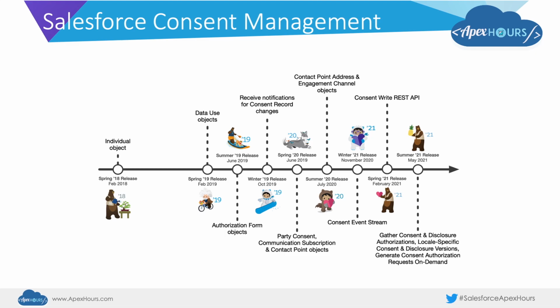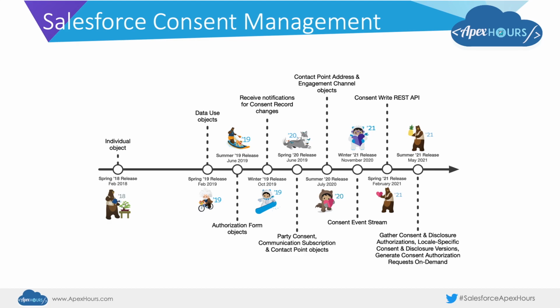Now, Salesforce has been thinking about consent management for some time. Over the past few years, Salesforce has quietly phased in new storage objects that have come together to form a comprehensive canonical data model that manages all aspects of an individual's consent. Back in the Spring 18 release, we first saw the introduction of the individual object, which has since been complemented with several other consent-related objects from the Spring 19 release right up until the current release.